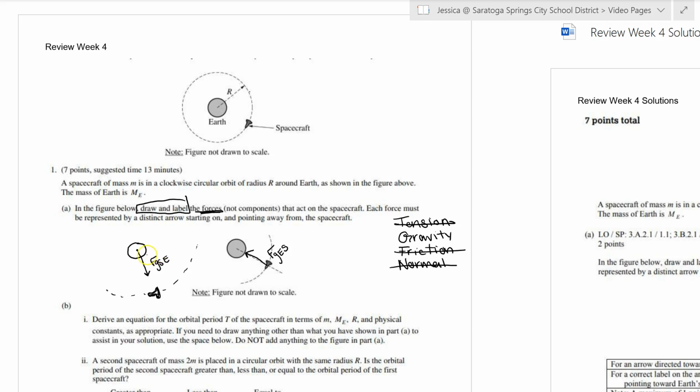So the magnitude of the force of the spaceship on Earth is equal and opposite to the force of the Earth on the spaceship. The reason why the spaceship moves in a circle and the Earth does not is the spaceship has much, much less mass and therefore has a larger acceleration. That has nothing to do with the problem, but I just wanted to go over it.